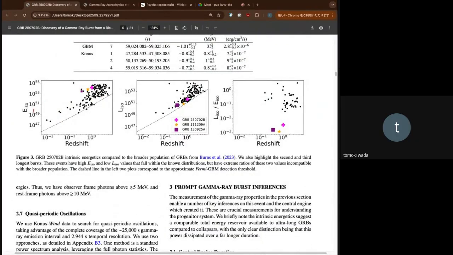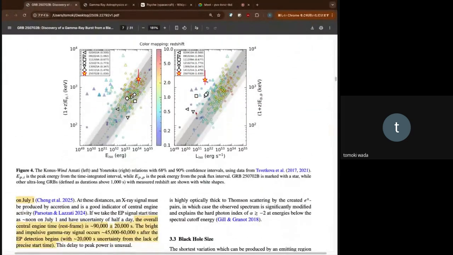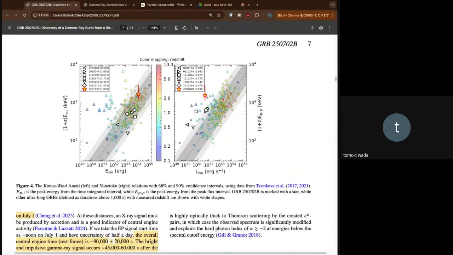This figure shows EISO and redshift and such kind of things. Nothing special here, but this is a bit shows some different point of these GRBs. This figure shows the Amati relation and Yonetoku correlation. It is known that typical GRBs ride on these relations, here or here.